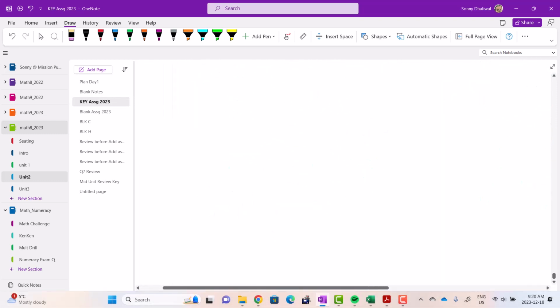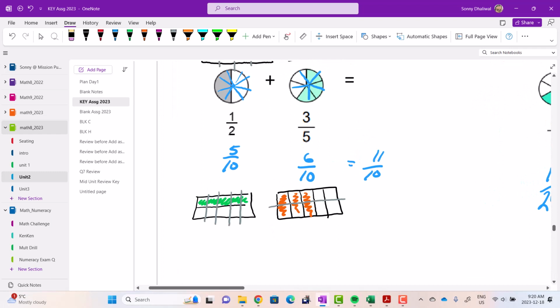What we did is we took the 2, cut this in half this way, cut this one into 5, and we went over top of each other, and we had made them 10 equal pieces. What we are doing here is finding a number that both 2 and 5 can fit in. This is the pure way of doing it. That process is called finding a common denominator or a common multiple.